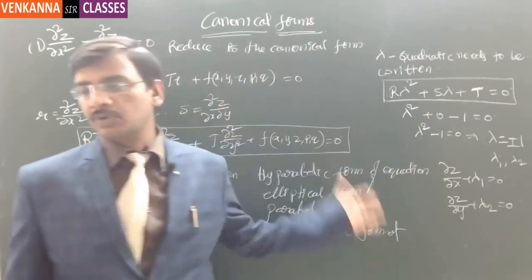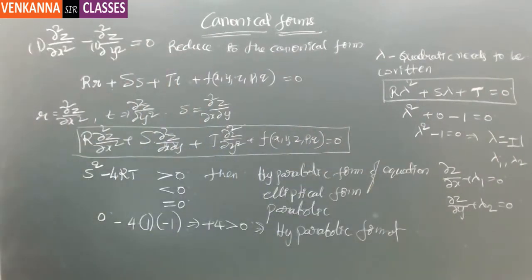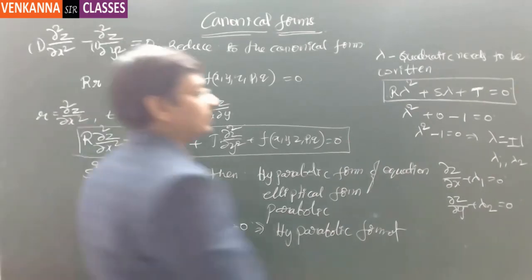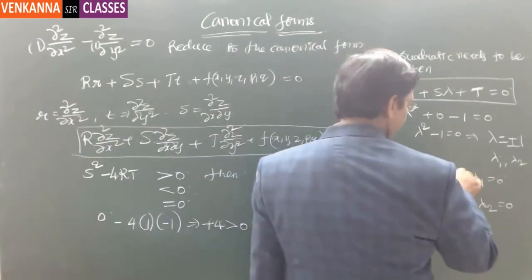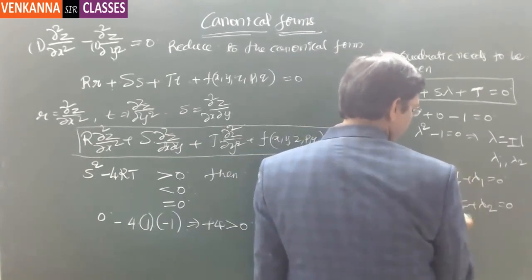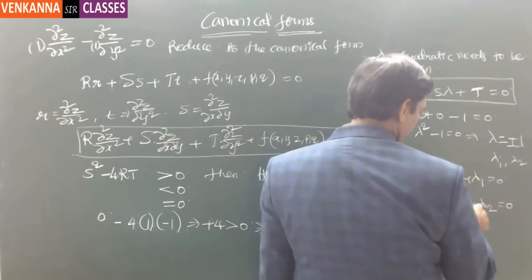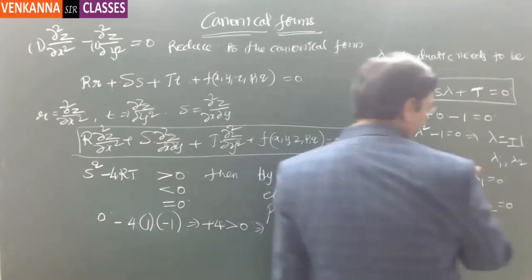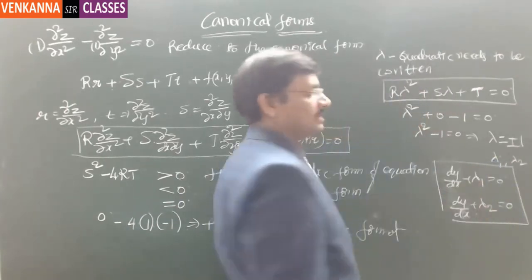Note down till this point, I am going to extend it. Sorry, this one actually is dy by dx, and this is also dy by dx. Both are dy by dx with lambda 1 and lambda 2, which you need to solve first.